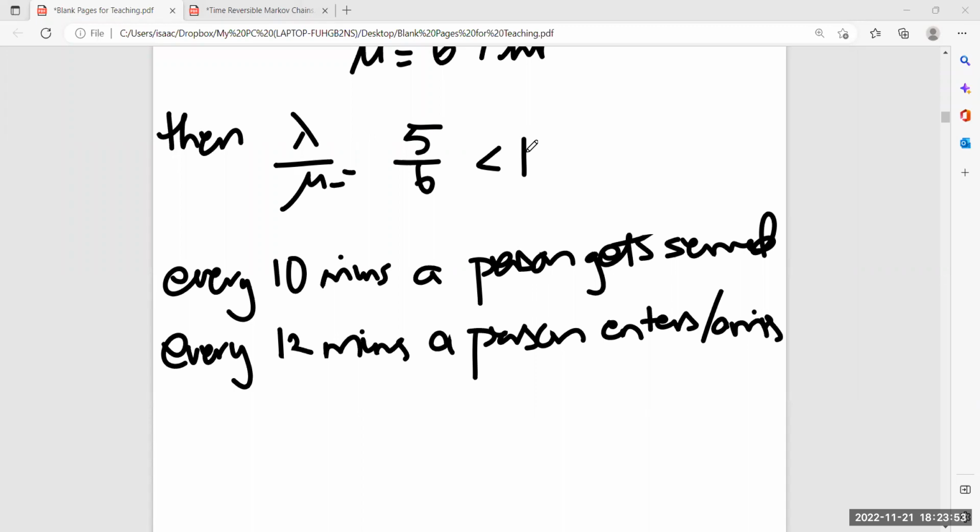Right, so the inter-arrival times or the service times would be exponential, but the rate at which arrivals occur or the rate at which service is taking place would be mu.